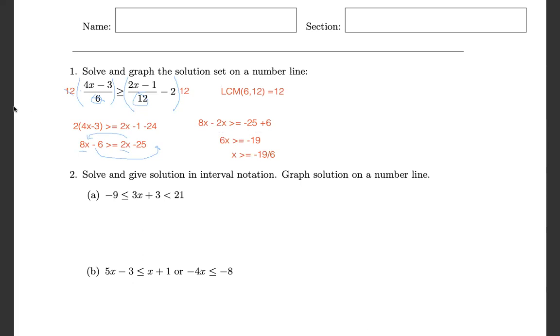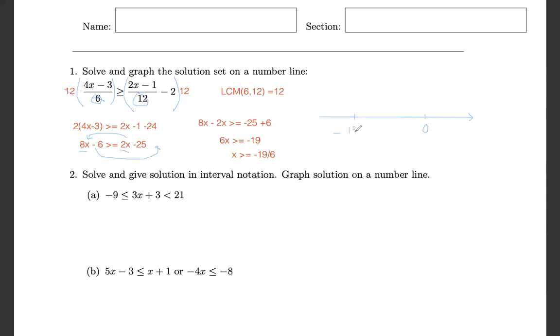So how do we graph on a line? First we graph this line, and we indicate it with an arrow to show this is a real number line. 0 is somewhere; we can mark 0 anywhere for our convenience. Now we just mark -19/6.